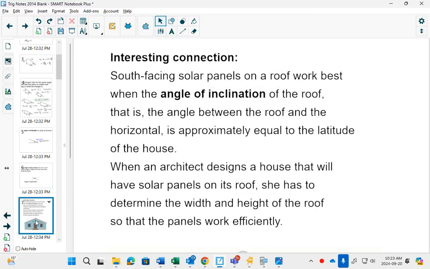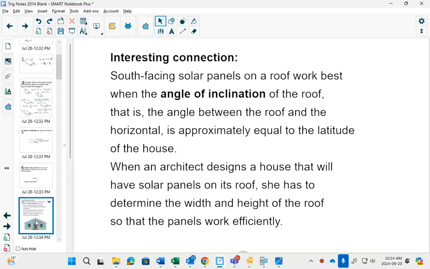So the textbook has this interesting connection: if you want to be ultra energy efficient and install solar panels on your roof, they work best if the angle of inclination of the roof, or the angle you put your solar panel on, is approximately equal to the latitude of the house.